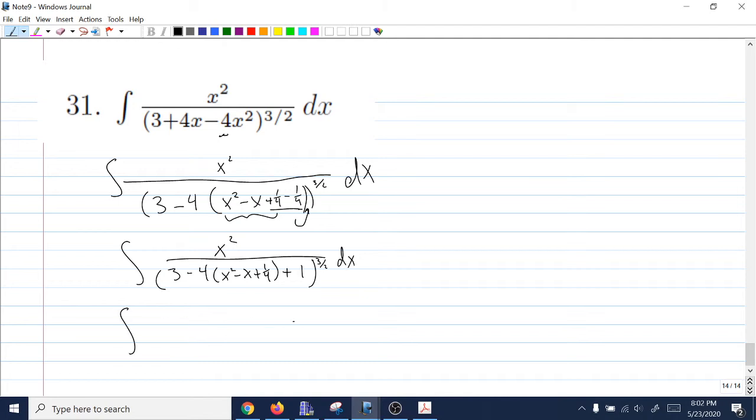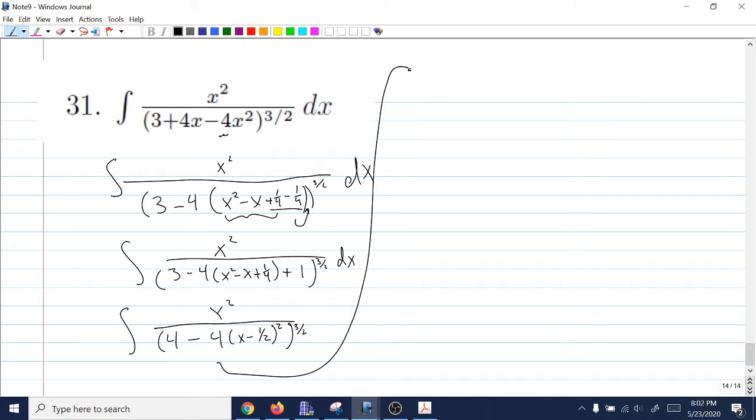So, okay, this is x squared over 4 minus 4 times x minus 1 half squared, all to the 3 halves. I guess I can factor this 4 out of the big parentheses now. 4 to the 3 halves is going to be 2 cubed is 8. This is 1/8 integral of, now it's just 1 minus x minus a half squared, all to the 3 halves.